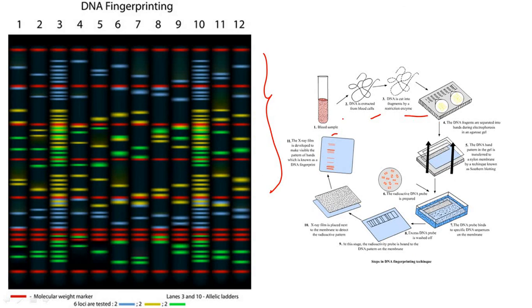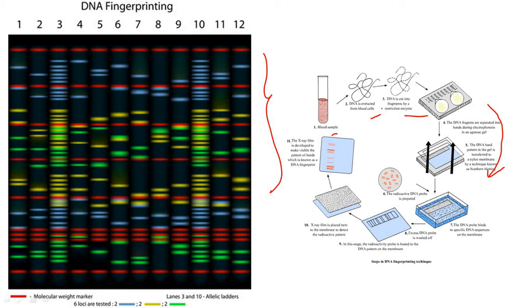First a sample is extracted. Then the DNA from the blood cells was extracted. Then the DNA is cut into fragments by an enzyme called restriction endonuclease. Then the DNA fragments are separated into bands by electrophoresis, and then the DNA band pattern on the gel is transferred to a nylon membrane by a process called Southern hybridization, or DNA blotting.